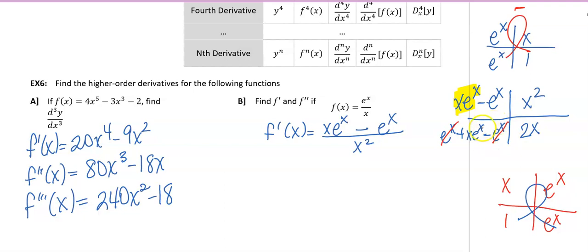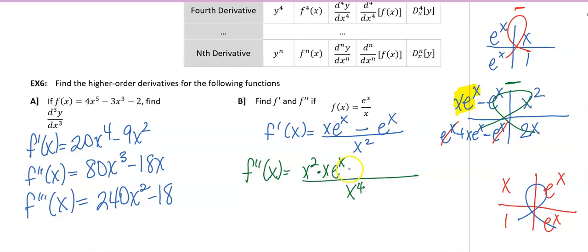All right, so let's do the bow tie. This is a quotient, so it's a minus. Our second derivative, don't forget denominator squared, so that will be x to the fourth. And it looks like we have x squared times x e to the x minus the family x e to the x minus e to the x times 2x.